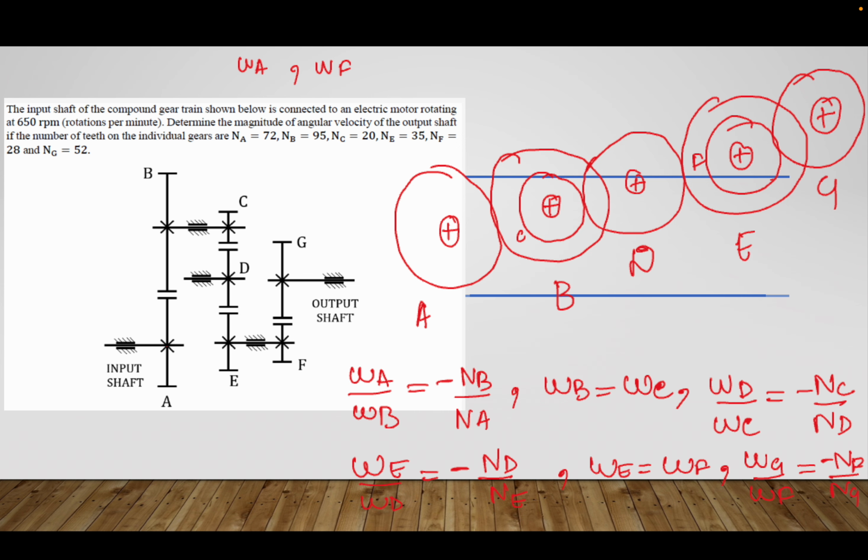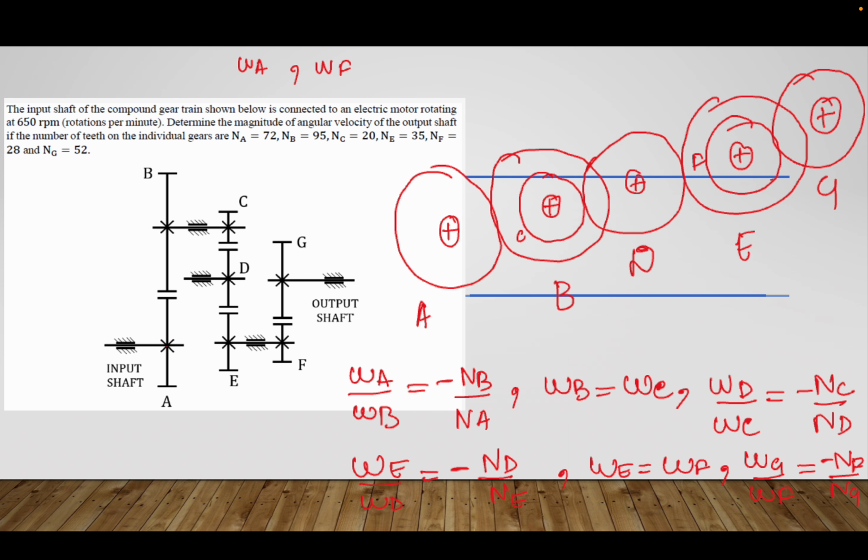Now we have another question. It says that the input shaft of the compound gear train shown below is connected to an electric motor rotating at 650 rpm. So basically the omega input is given to us, and determine the magnitude of angular velocity of the output shaft if the number of teeth on the individual gears are given as NA equal to 72, NB equal to 95, NC equal to 20, ND equal to 35, NF equal to 28, and NG equal to 52.